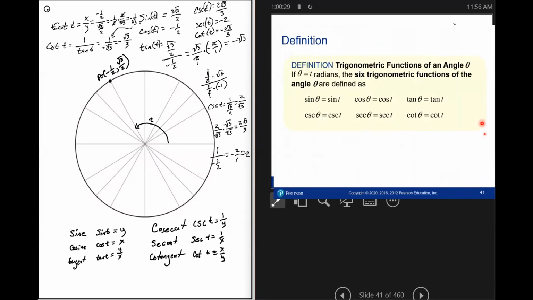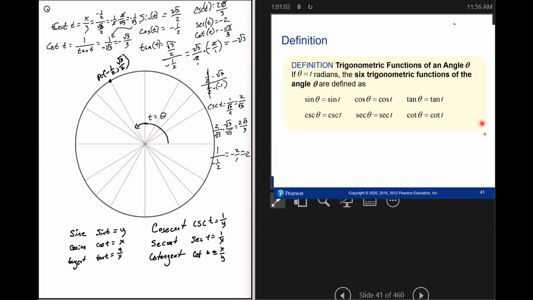Okay, now in mathematics, and especially in trig, we don't use t. We're going to say t is going to be represented by the Greek letter theta. So instead of saying sine of t, now it's sine of theta, cosine of theta, tangent of theta, cosecant of theta, secant of theta, and cotangent of theta.